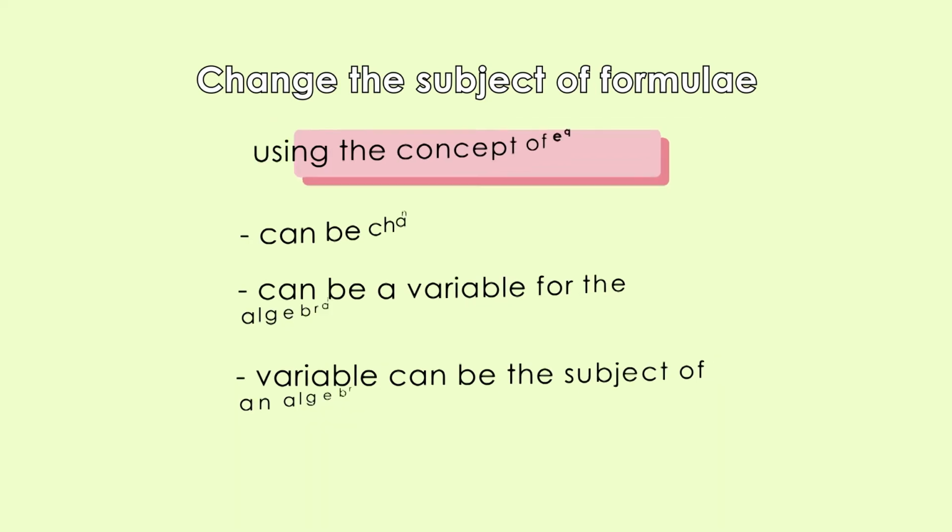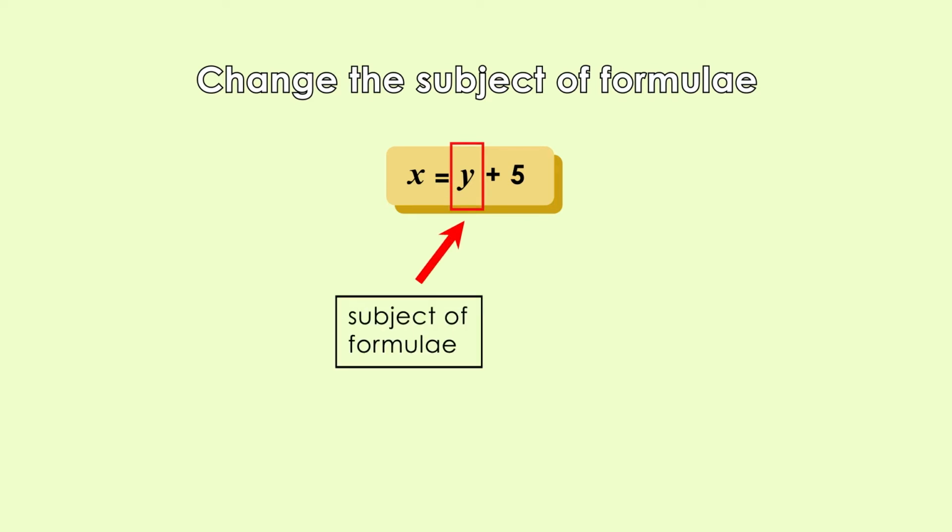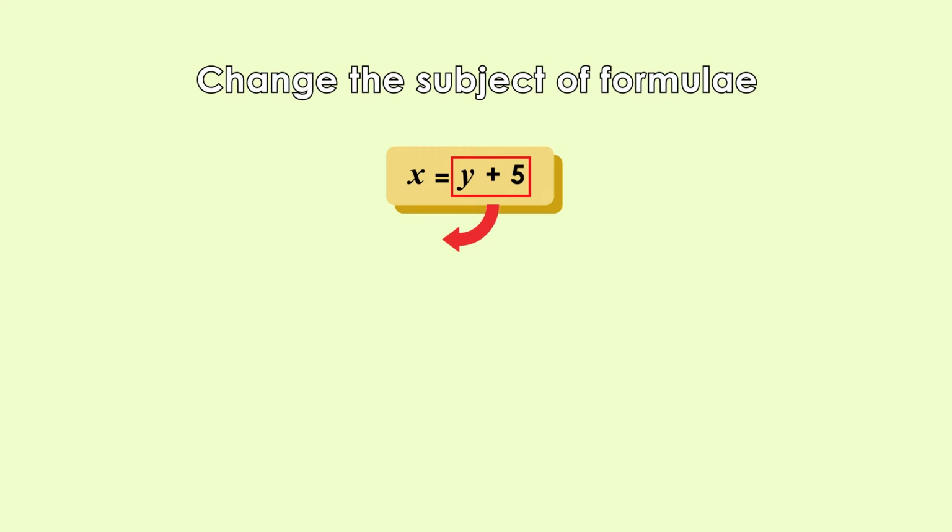For the algebraic formula x equals y plus 5, state the variable y as the subject of the formula. To bring the variable y to the left side of the equation, we need to switch sides of the equation and we will get y plus 5 equals x.